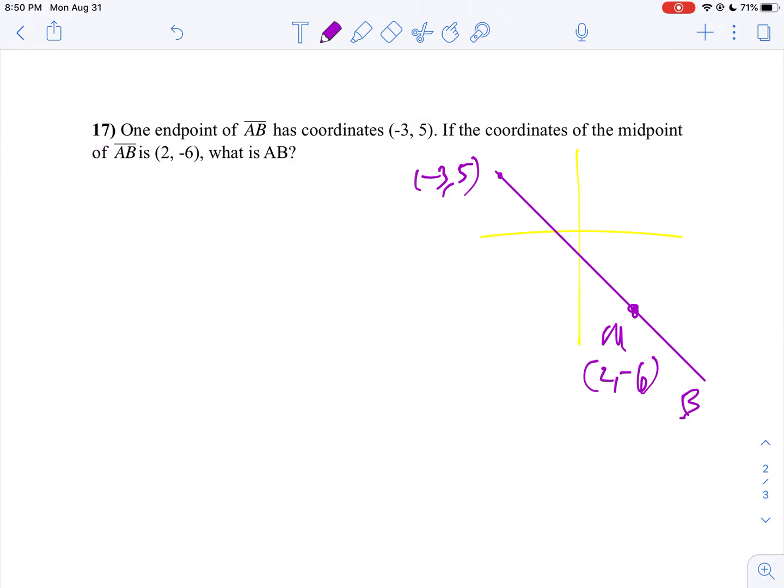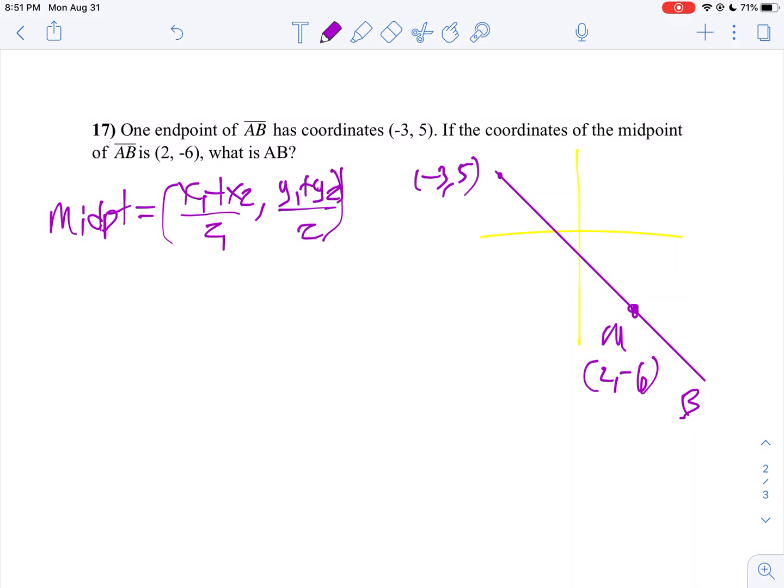Now, let's review here. The midpoint formula is you add up the x's and divide by 2. You add up the y's and you divide by 2. Well, we know the midpoint is at 2, negative 6.